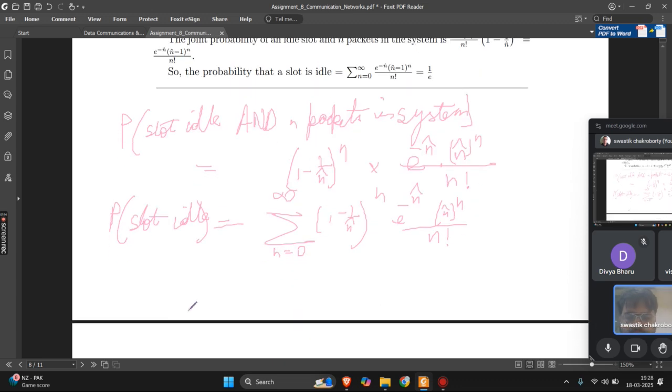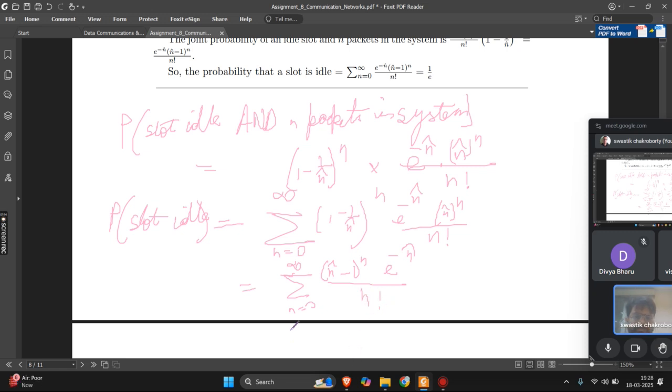So if you take LCM in the bracket, so n equal to 0 to infinity, n hat minus 1 whole to the power n, there will be an n hat to the power n at the bottom and there is 1 at the top, so they will get cancelled. e to the power minus n hat by n factorial.